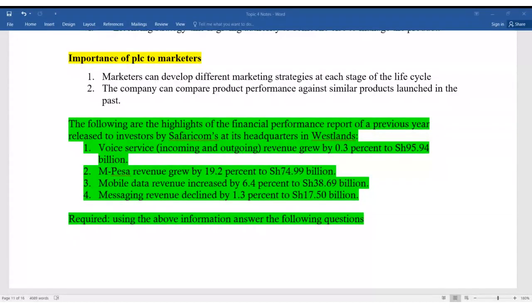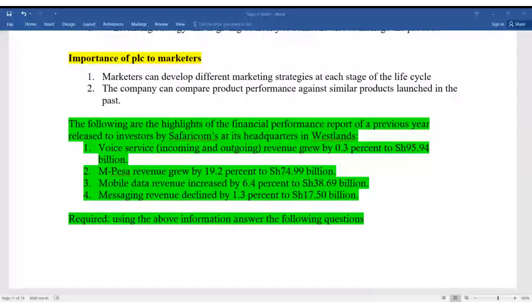Like now they have reduced the fee for sending money below 1,000 bob. That has meant that more people are interacting on that platform. So you find that companies can make decisions depending on the performance of a particular product.